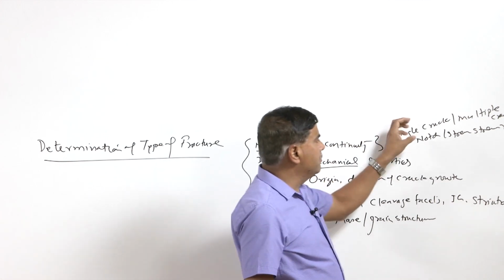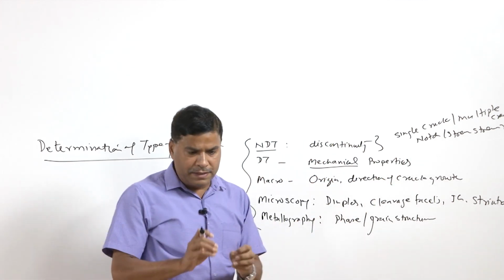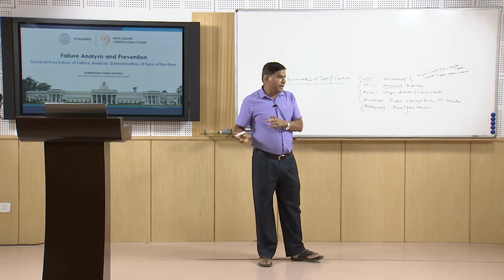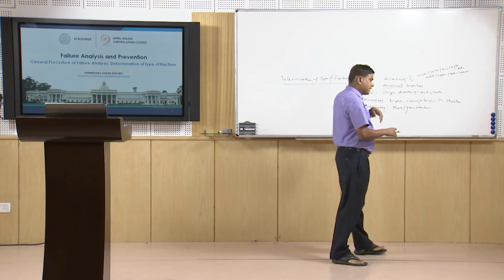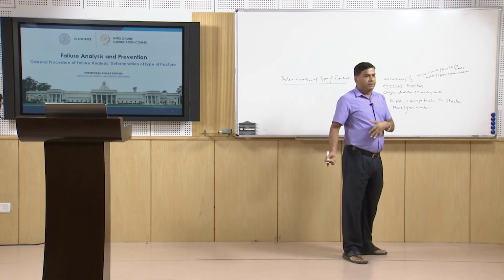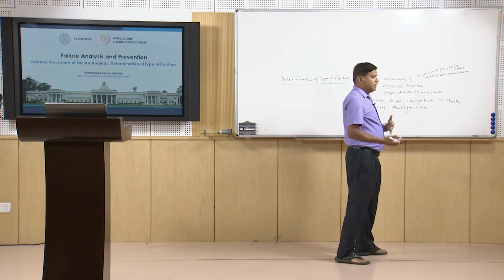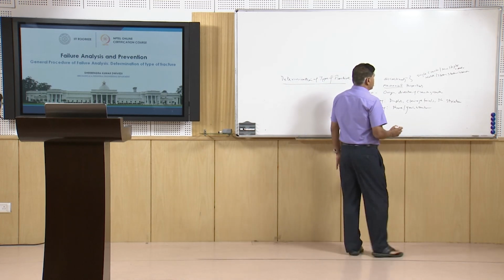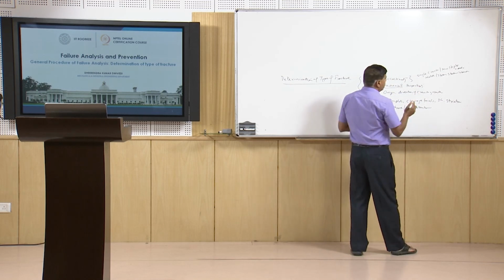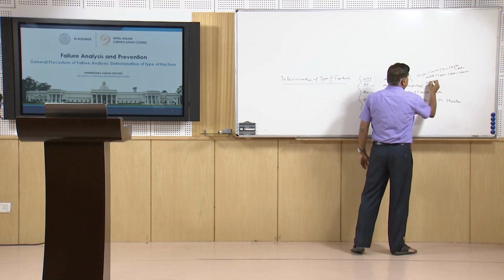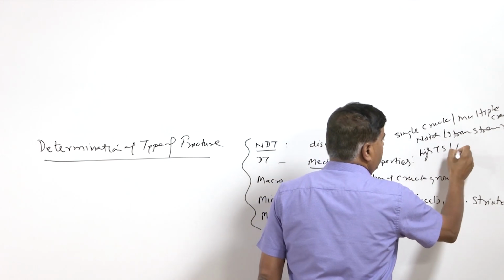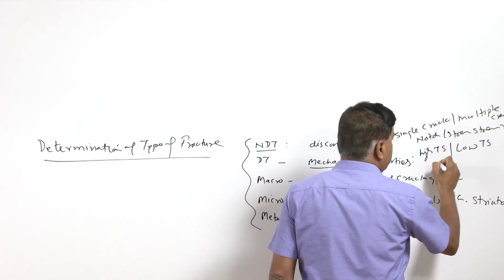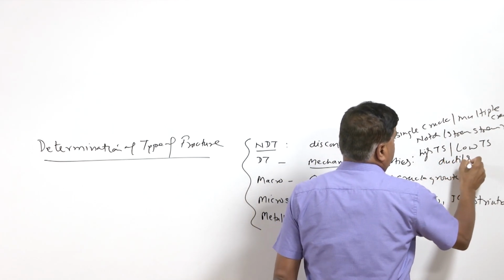This information will be used to identify if it is a fatigue fracture, a tensile brittle fracture or a ductile fracture, or whether the fatigue has taken place in a corrosive environment or in dry conditions. Similarly, the mechanical properties: whether it is of high tensile strength or low tensile strength, similarly high ductility and toughness.